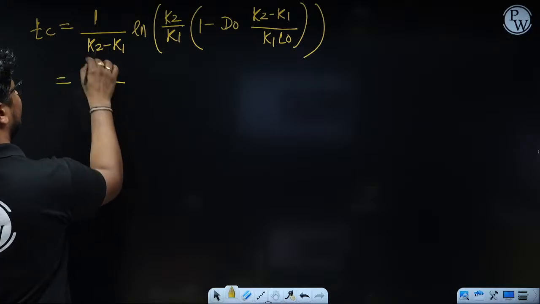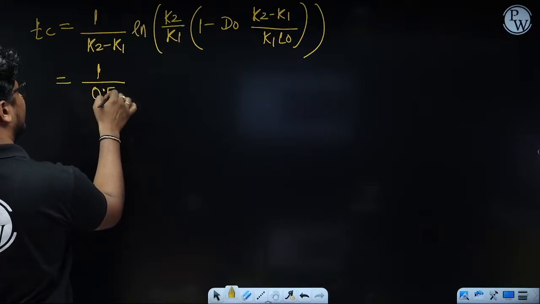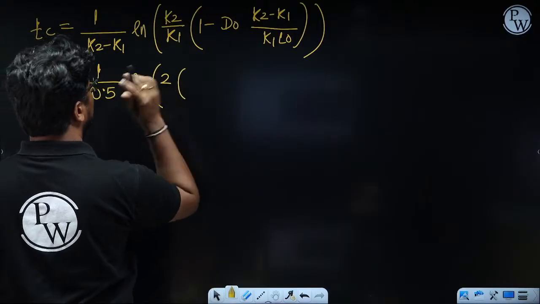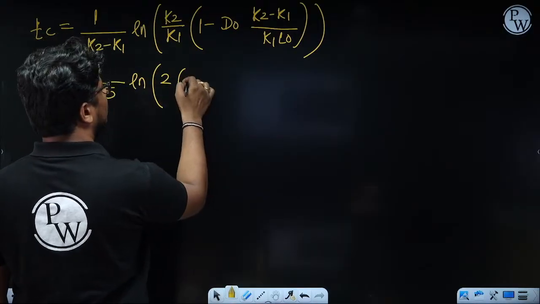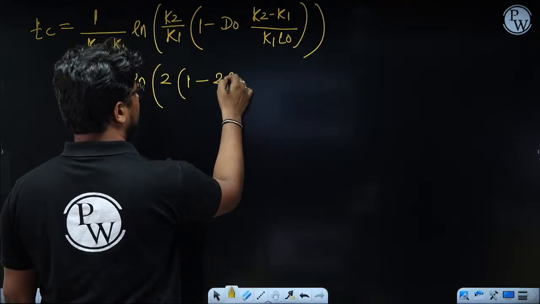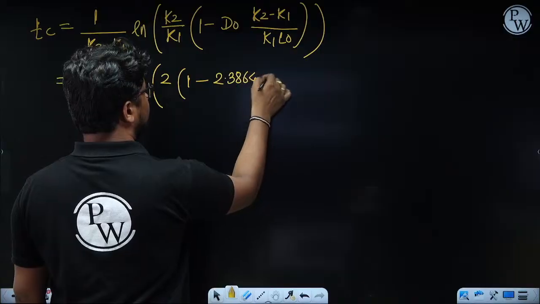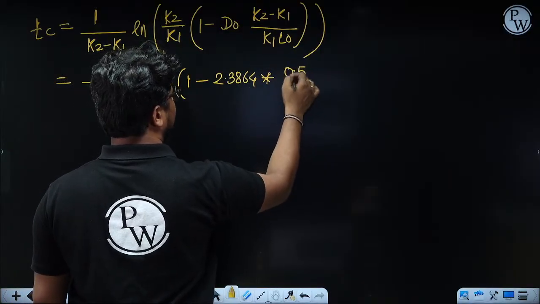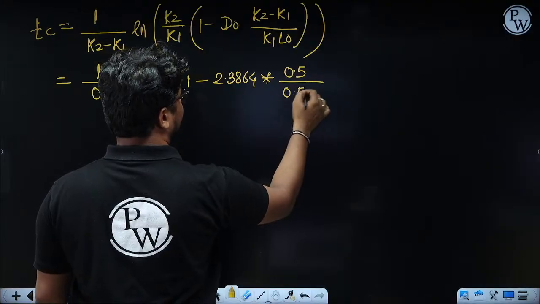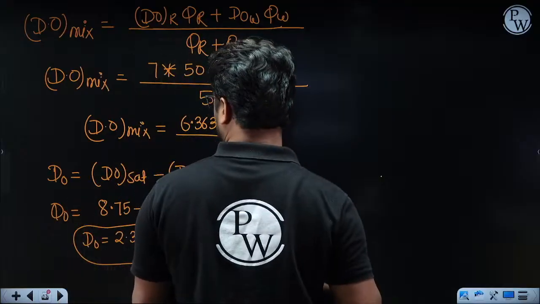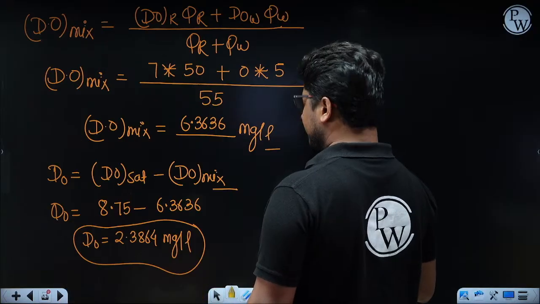So this will be 1 minus 0.5, so 0.5, ln 1 upon 0.5, so 2, into 1 minus D naught, which is 2.38, divided by K2 upon K1, this will be 0.5 divided by 0.5, into L naught, which we have calculated now, 27.73.